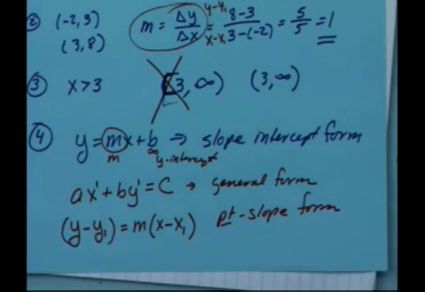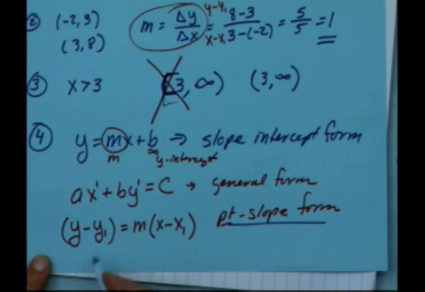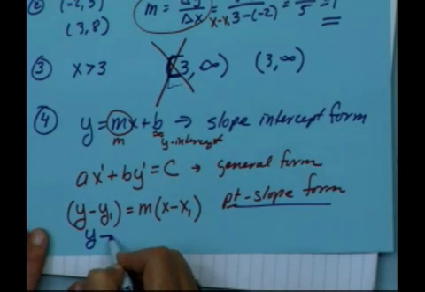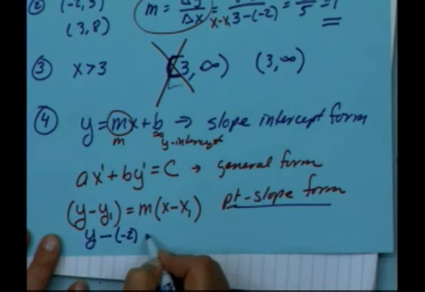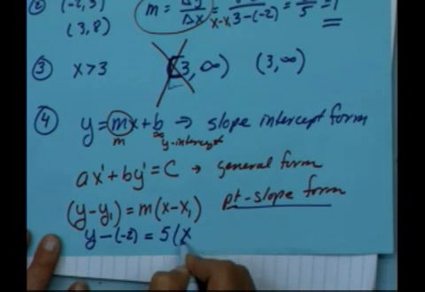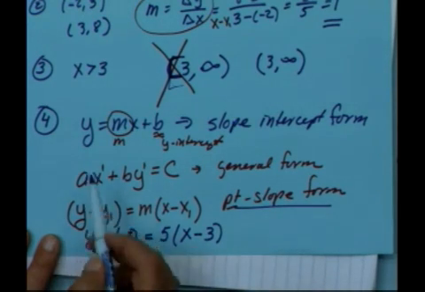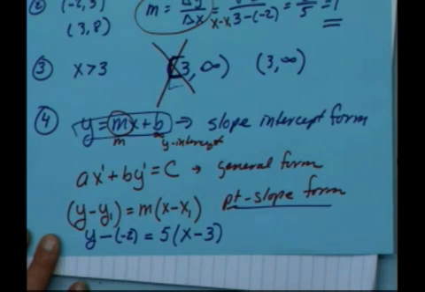Okay, so now that we had a quick review of lines, the point we were given was (3, -2). So we'll have y minus, and in the place of y here we use a negative 2, equals, and the slope is 5, times x minus 3. Is that good? I used the first one that I gave you. The question said, though, find the point slope form.